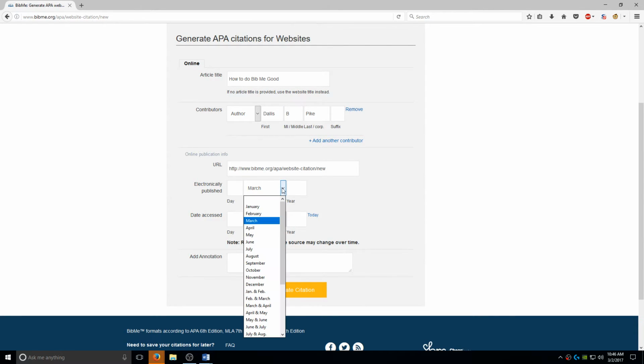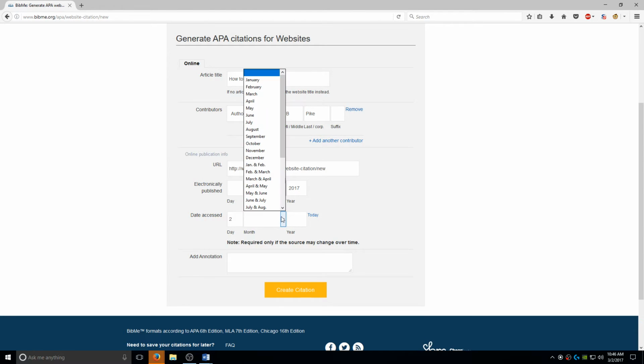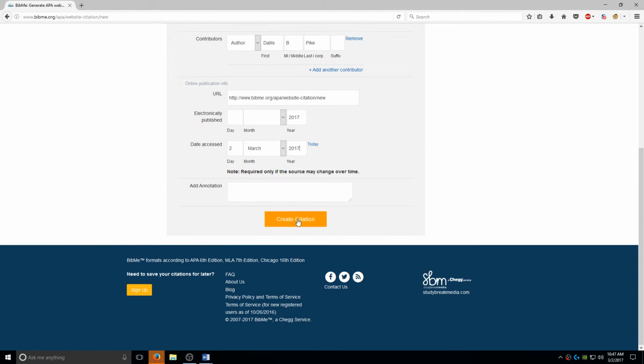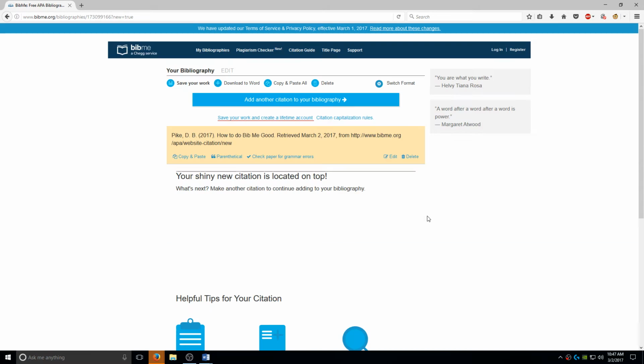Actually, we don't know the date, but we do know the year. It was 2017, and the date accessed is today. So that is 2 of March, and the year is 2017. There's no reason to add an annotation because we're not doing that kind of project. Let's go ahead and create the citation. And boom, there it is.